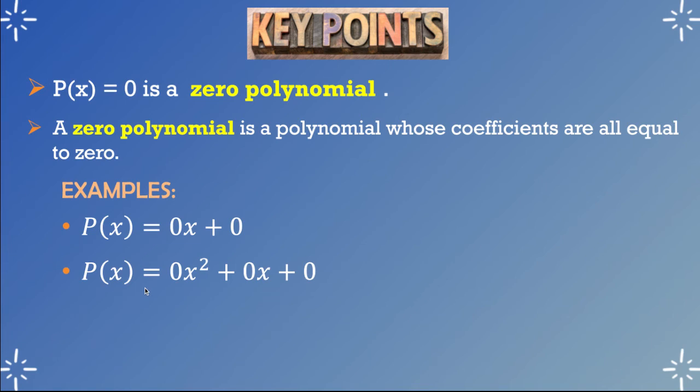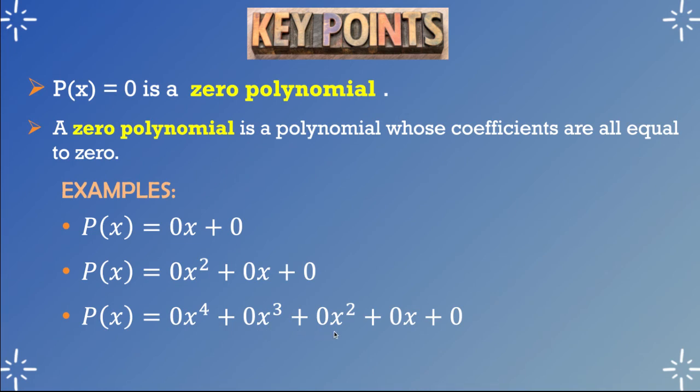Or we may also have p of x equals 0x squared plus 0x plus 0. Again, all the coefficients here are 0. Or p of x equals 0x to the fourth plus 0x cubed plus 0x squared plus 0x plus 0. This is another example of a zero polynomial.